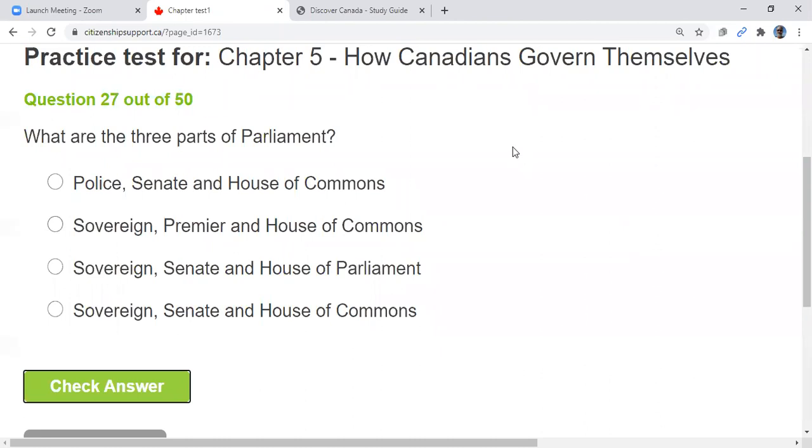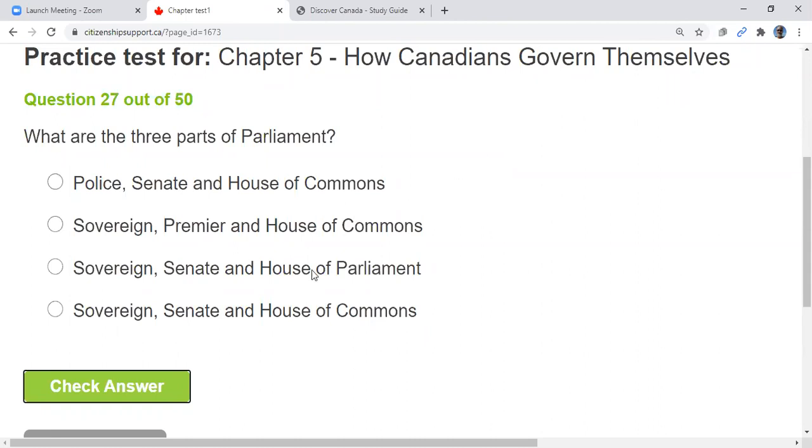What are the three parts of the Parliament? Okay. Senate and House of Commons. Yes. Is it number 3 or number 4?